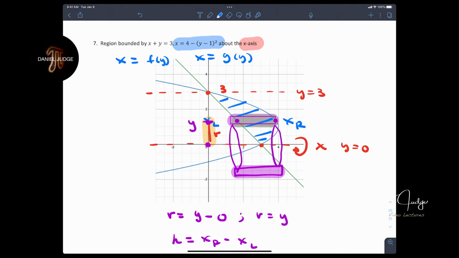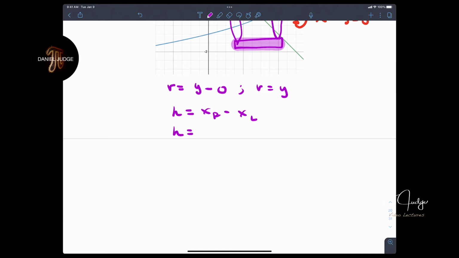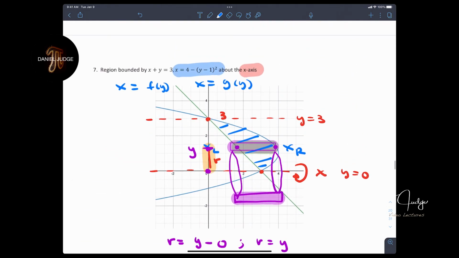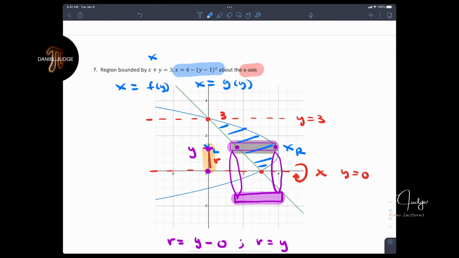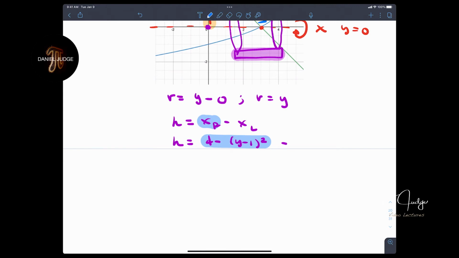It's x equals 4 minus (y minus 1) squared. So we say 4 minus (y minus 1) squared, and that was the blue curve, minus the other curve, which is green. So this will be x equals 3 minus y. So this is going to be 3 minus y.